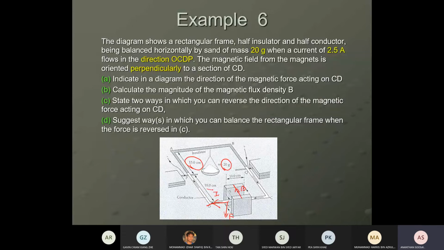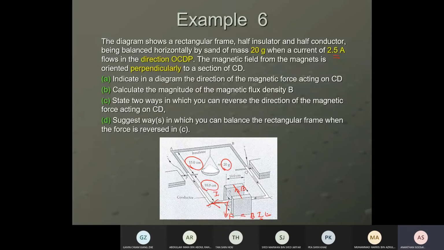What is the perpendicular length? 18 centimeter, right? The force you write in terms of what? BIL. We are looking for the B. I, is it given? What is the current? Current is 2.5. So current is given.